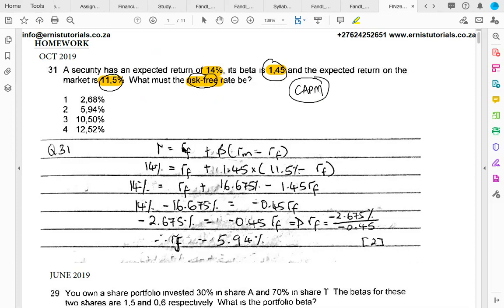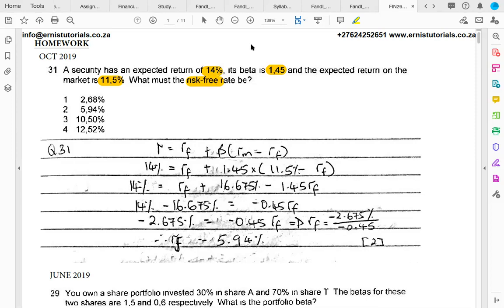And remember what the capital asset pricing model says. It says the required return is equal to the risk-free rate plus the beta on the share multiplied by, open bracket, the return on the market minus the risk-free rate. So we need to solve this equation. So how do we go about doing that?